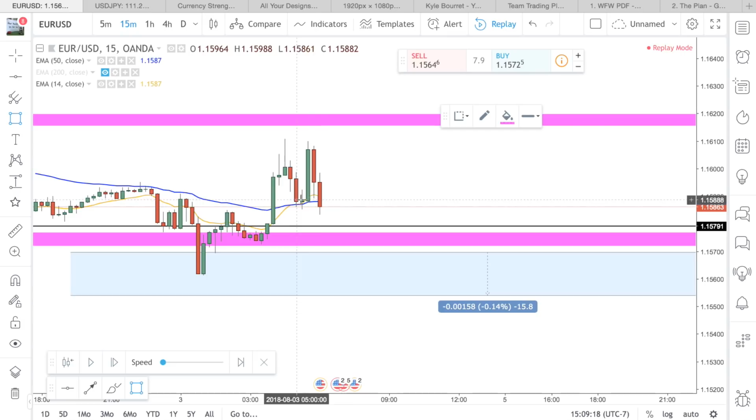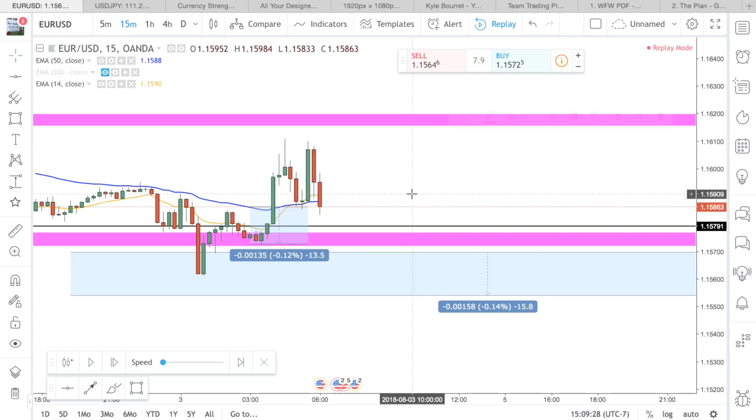I know a lot of traders, this is their textbook setup, a rejection close below. That's their hyper scalp. This is one of my ideal setups on a lower time frame. But Euro USD wasn't as nice. We know that.